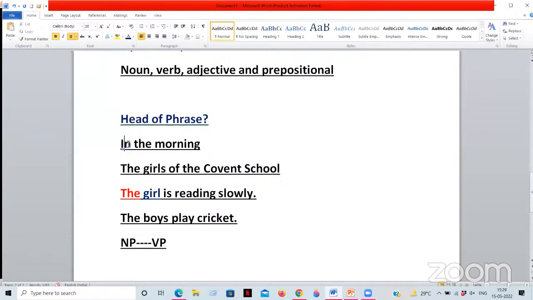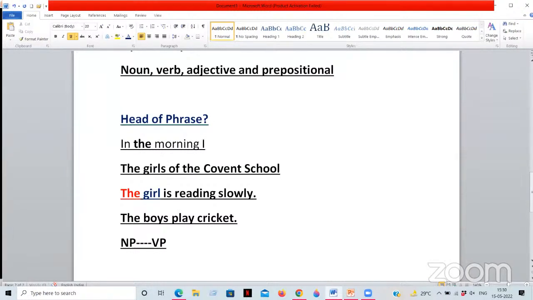It is a preposition. Then we have a determiner, that is the, and morning is a noun. So here we can say that this particular phrase is a prepositional phrase, because here in, when we are talking about it separately. But if you use it in a different way in a sentence, you will get to know this very easily.